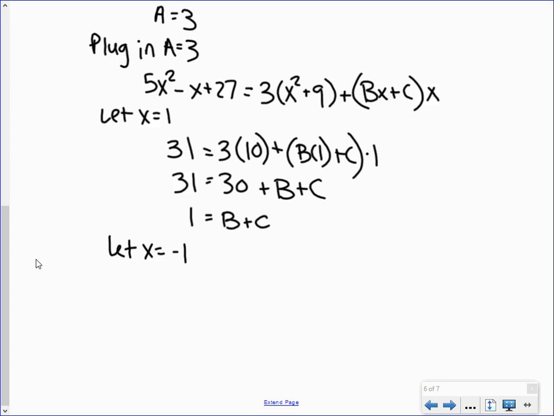So then we have 5 times 1, which is 5, minus negative 1 is 6, plus 27, so that's 33, equals 3 times negative 1 squared plus 9 is 10. And then it'll be plus b times negative 1 plus c all times negative 1.